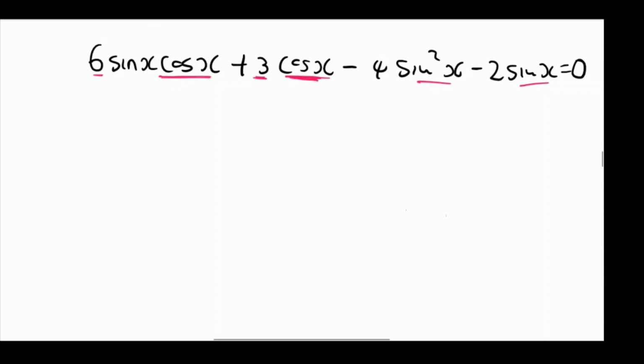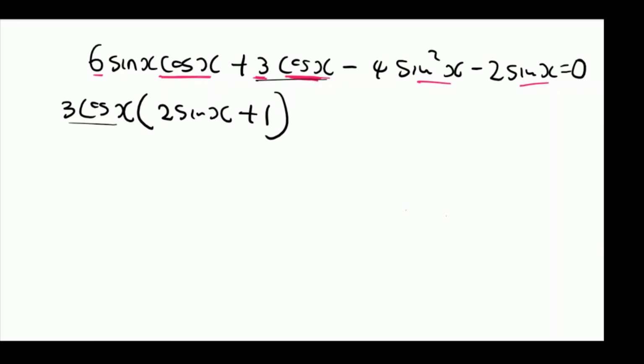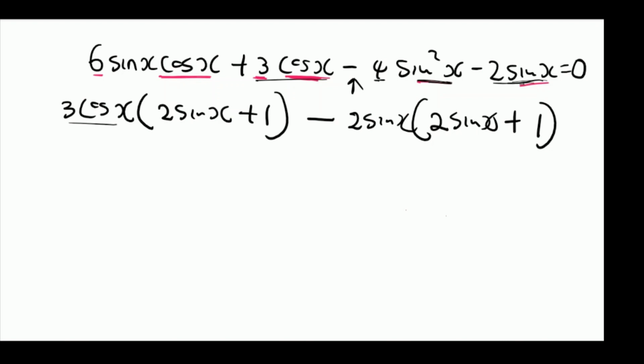You're going to have 3 cos of x into, what will remain is 2 sine of x plus 1, because this expression here is this one, and then we have the negative, which is this negative here. The like term is going to be this 2 sine of x, so it's 2 sine of x into, here we just write 2 sine of x, because this is sine squared, and then we say plus 1, because this expression is the same as this one, equals 0.